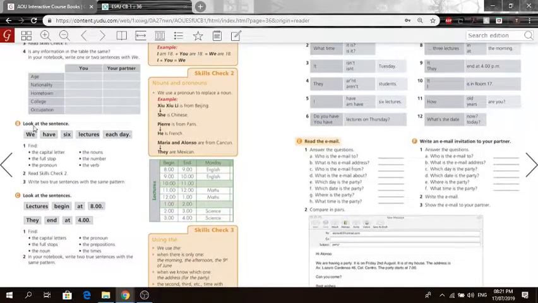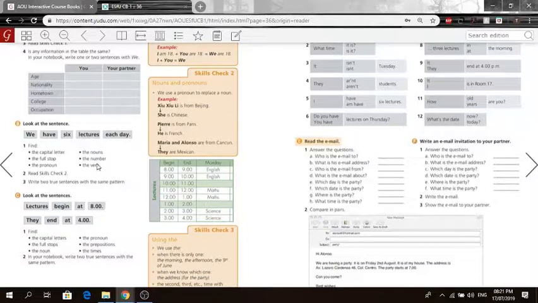So, look at exercise B, sorry. Look at the sentence. We have 6 lectures every day. Okay, so he wants us to find the capital letter. Here it is, W, okay? The full stop, always at the end of the sentence, guys. Don't even think twice about that, okay? So, the pronoun is we, obviously. Here we have the noun. The noun will be lectures.